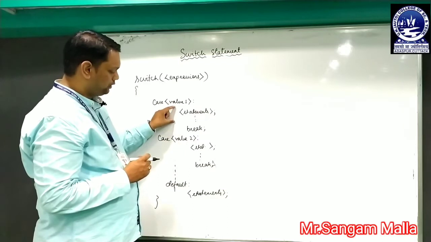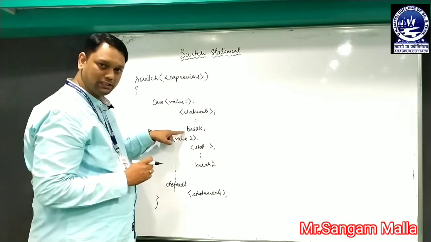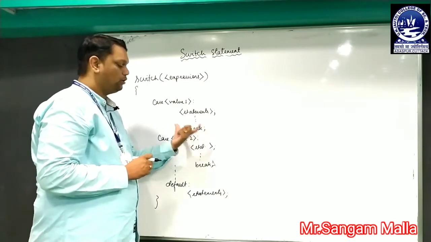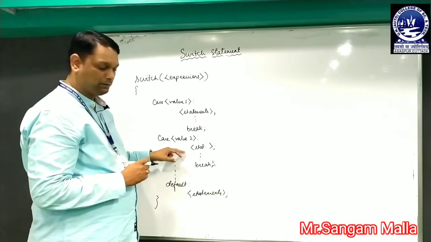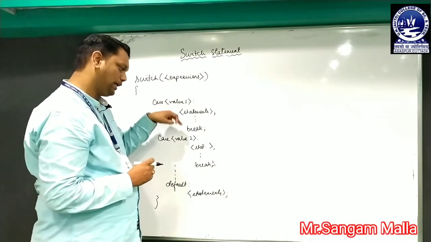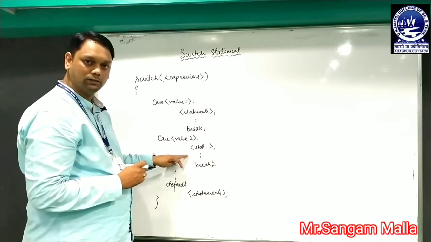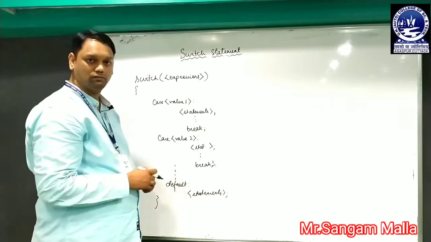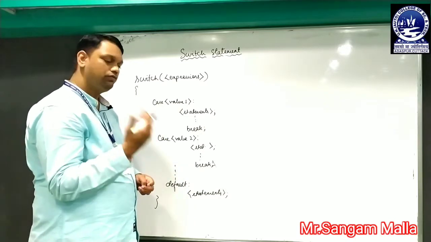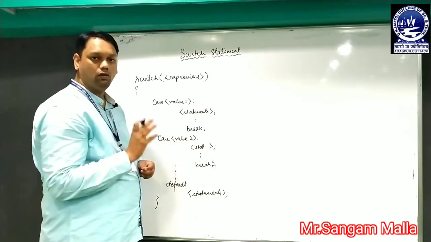After executing the statements under the case, if we do not write the break statement, it will not come out from this position and it will enter value 2. That means it will not check for value 2, it will directly enter value 2 and again execute the statements. If you do not write the break statement there also, then it will move to case value 3, and similarly it will go on printing all the statements.